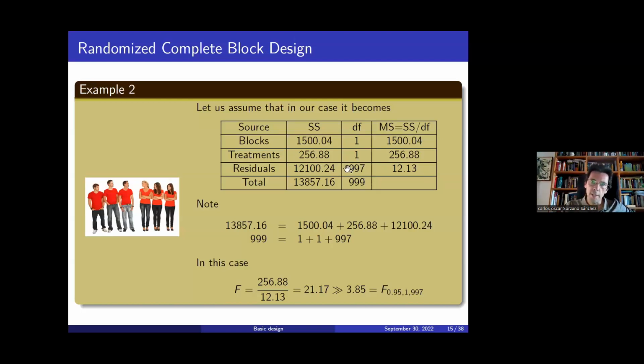What you need is that the residuals have enough degrees of freedom, and enough typically is somewhere between 10 and 20. So here we are overkilling, over-designing our experiment, so that we have many more samples than required to make this test.